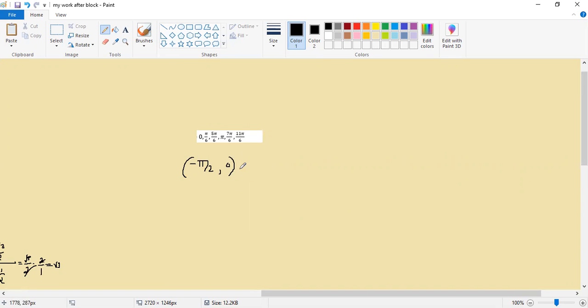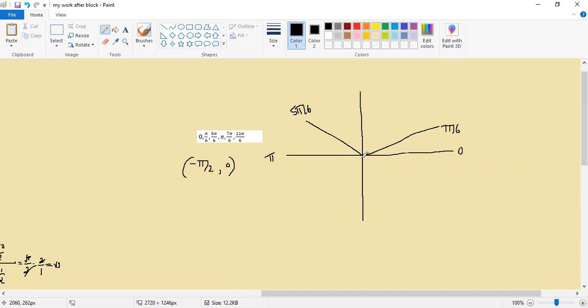So for negative pi over 2, we want to first assess the angles that we had. So the angles that we had here were 0. We had pi over 6. Okay, and we had 5 pi over 6. So that's somewhere here. And we had pi, so that's here, and then we had 7 pi over 6.